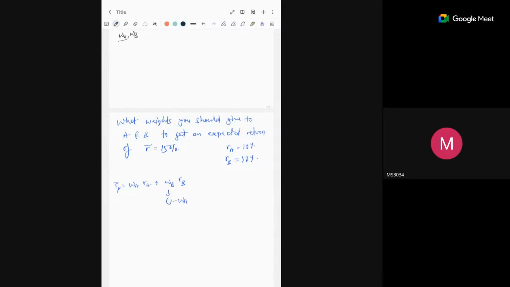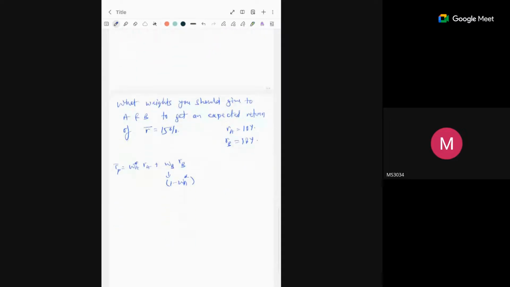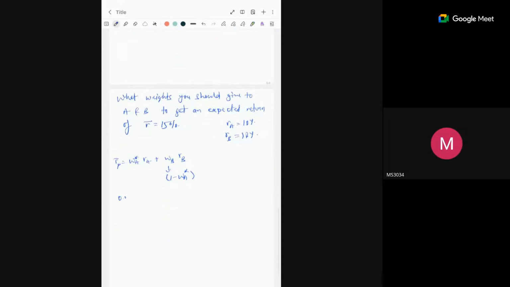If I replace these values, 15% should be equal to W A star times 10% plus 1 minus W A star times 18%.